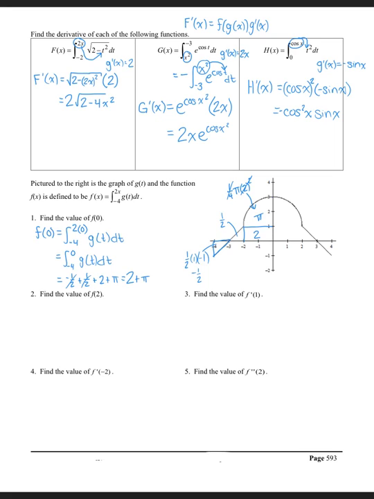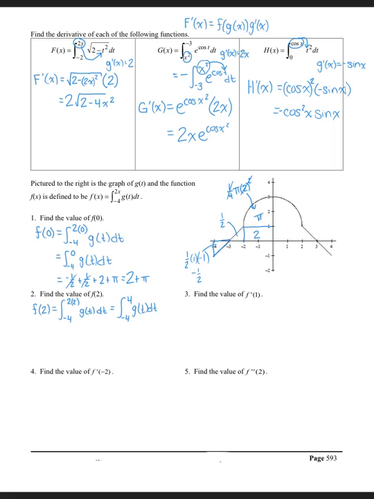So if you wanted to find the value of f of 2, you plug in 2 for x, so your integral now becomes from -4 to 4 of g of t dt.